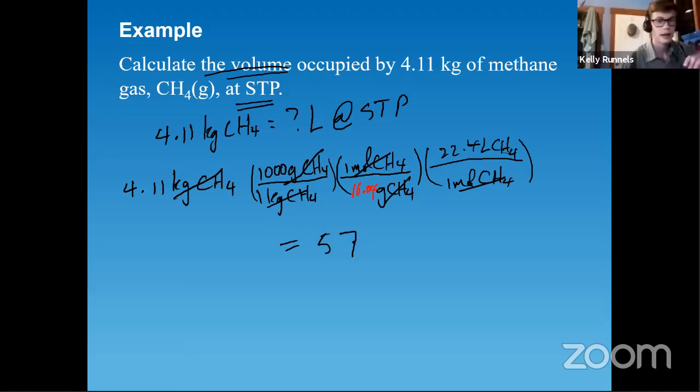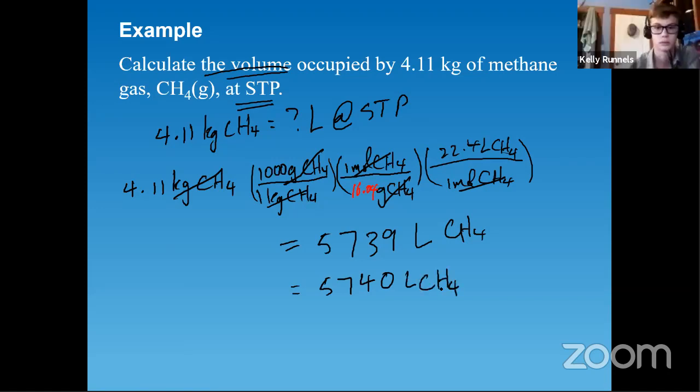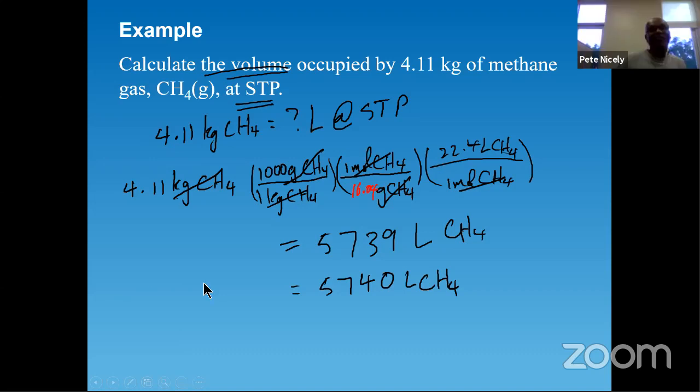To round this off to 3 sig figs would be 5,740 liters of methane. Wow. Quite a lot. Well, not surprisingly, because the mass you start off with here is quite large, 4.11 kilograms. So that would make sense.